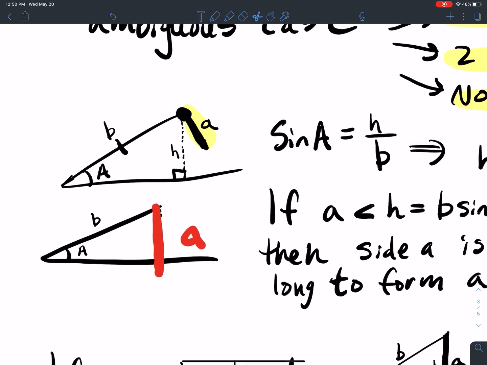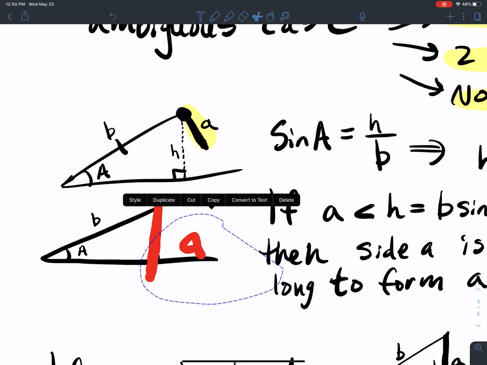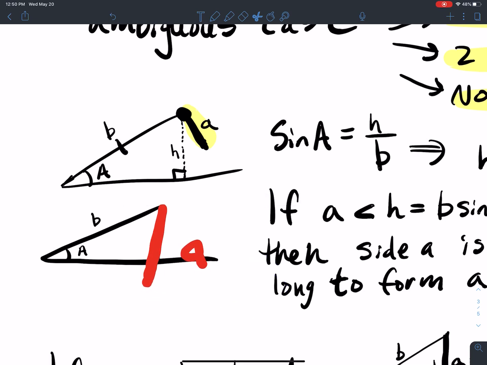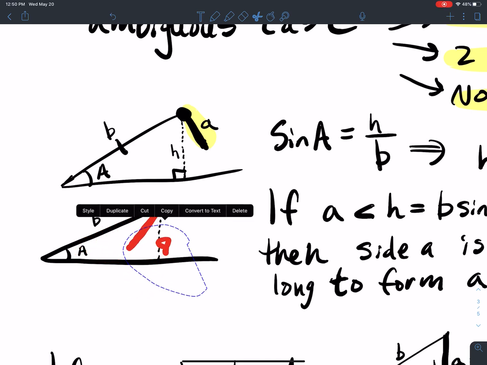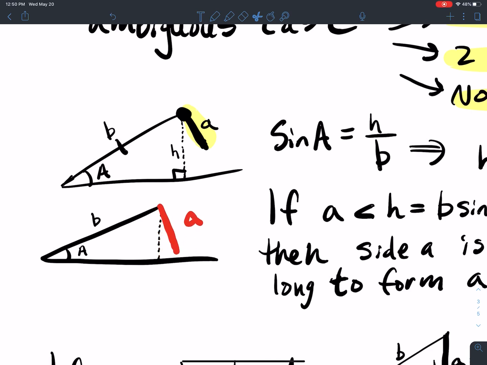Now, if it's exactly that length, it'll take one right triangle. If it's a little longer, but still less than the B over here, you could have a triangle here. You could have a triangle here too with that same length.